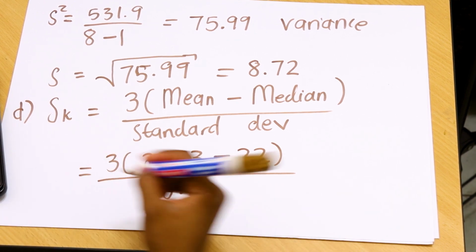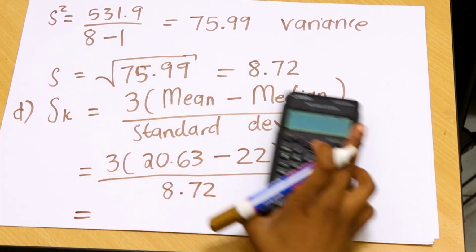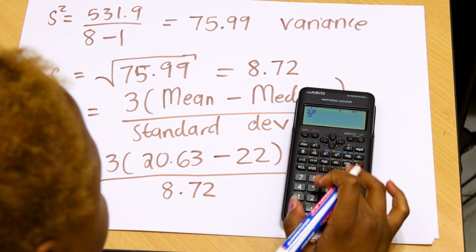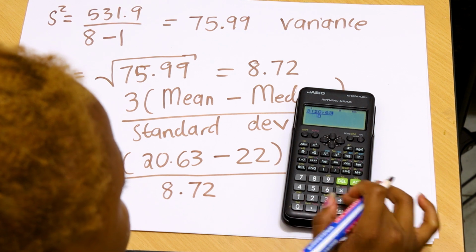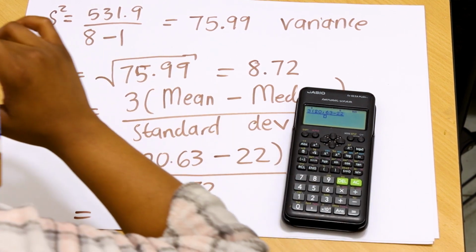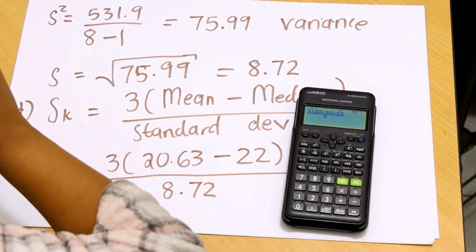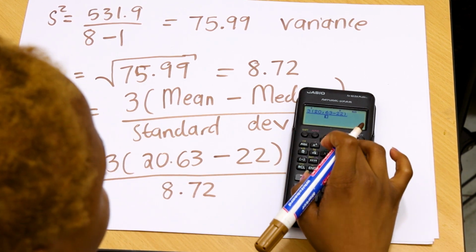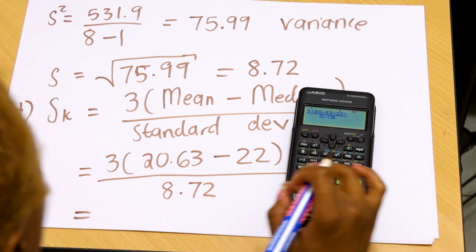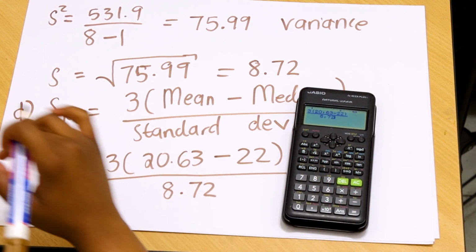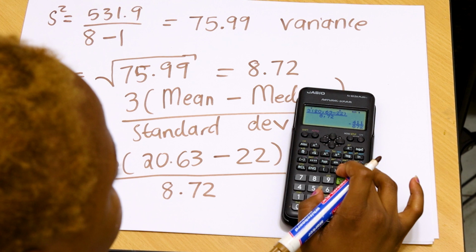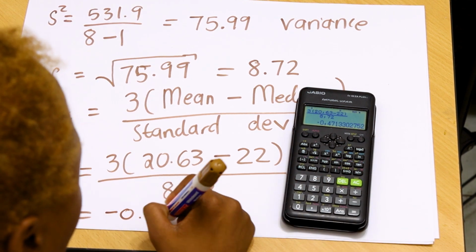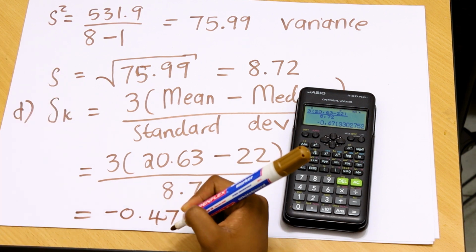Right, so the value for the coefficient of skewness would be negative 0.47.